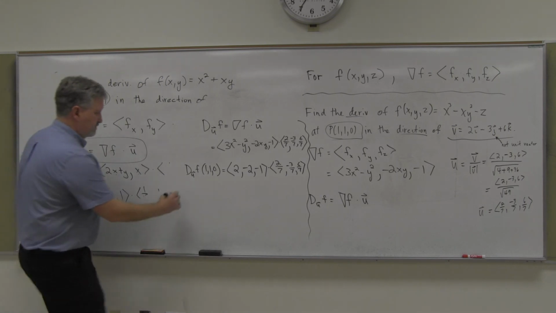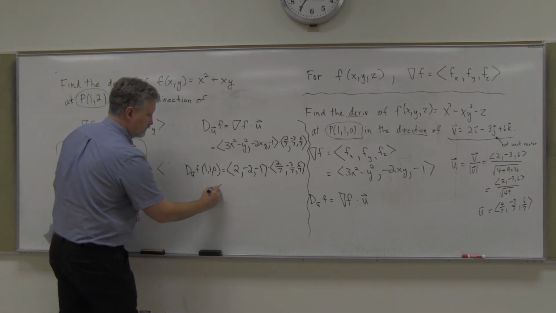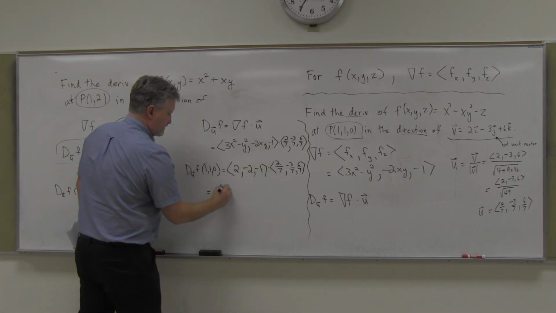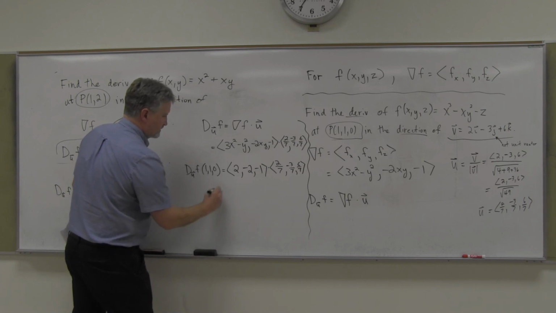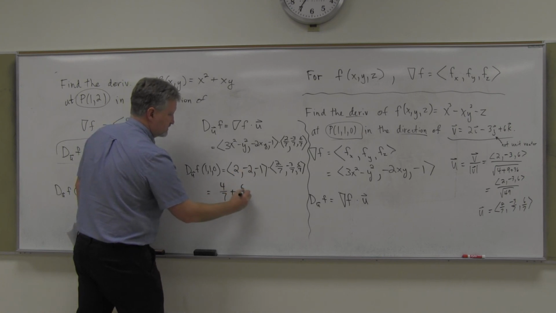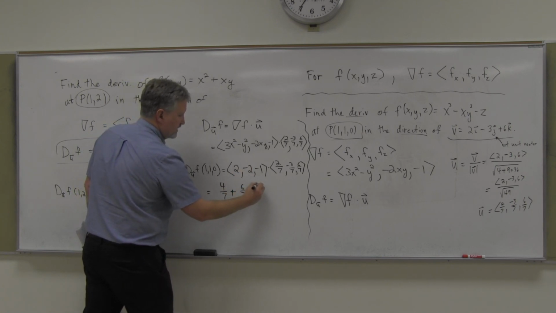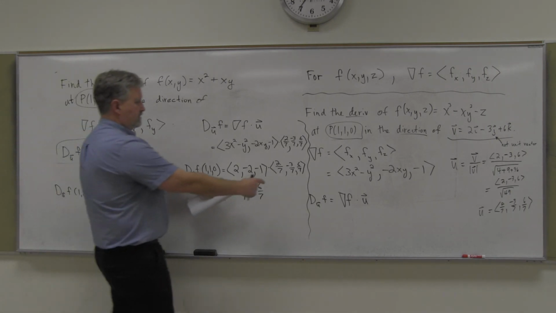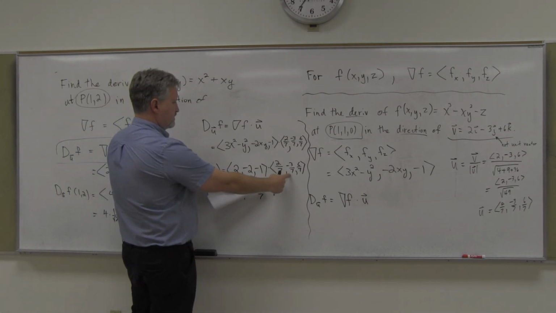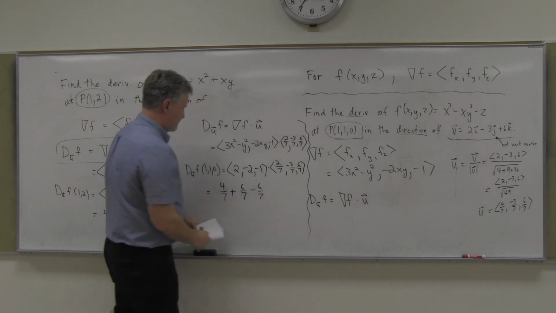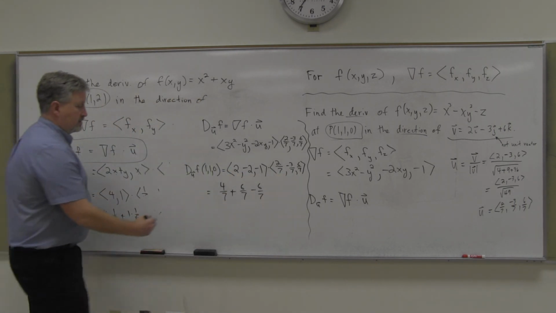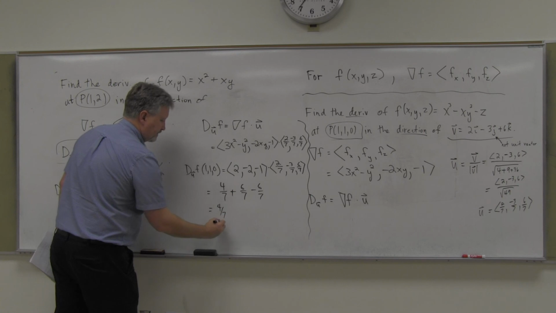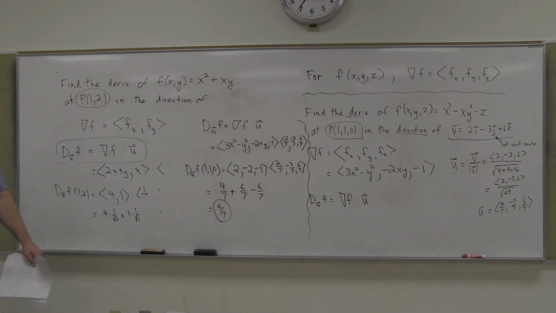So what does that give? 4 sevenths, and since this is the dot product, plus 6 sevenths, minus 6 sevenths. 4/7 plus 6/7 minus 6/7, so it's 4/7. Good?